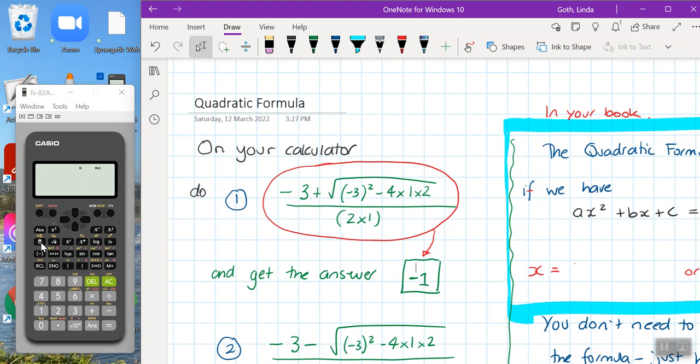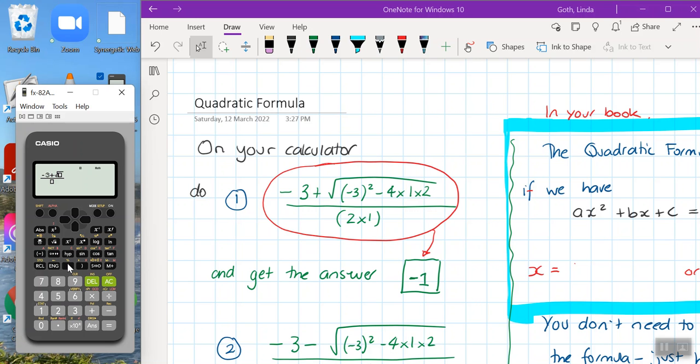So I can see there's a fraction. I'm going to press my fraction key. I'm starting off with a -3, so I need to press this negative sign here, -3 plus, I need a square root, the square root button is here, plus the square root.